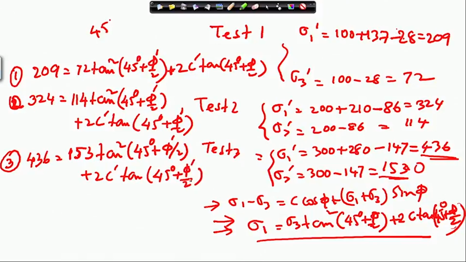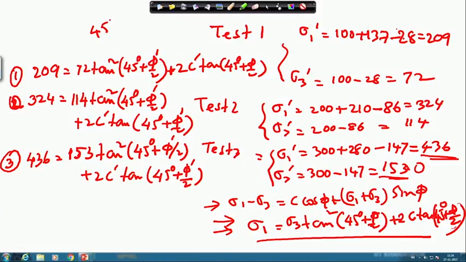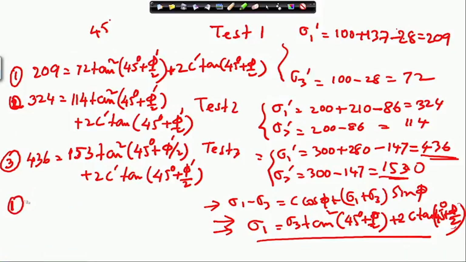So now I have got 3 equations in terms of phi dash and c dash. I have 2 unknowns, but I have got 3 equations. So what can I do? I can solve equation 1 and equation 2, so I get one set of c dash and phi dash.